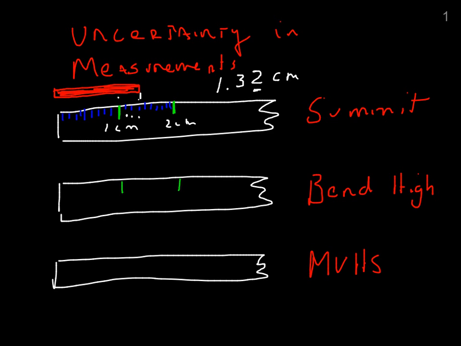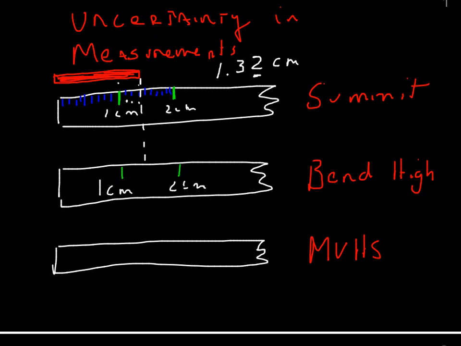Now I take a Bend High ruler and I do exactly the same thing. So I'm just going to draw this down. And okay, so we come down through here to that. Now these are centimeter calibrations, just like we have here. But this time I'm looking at it and going, okay, I know for certain that it is 1 centimeter.